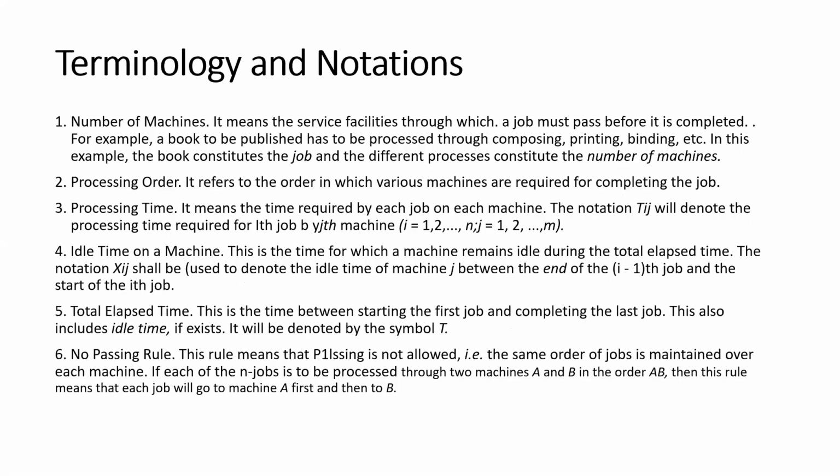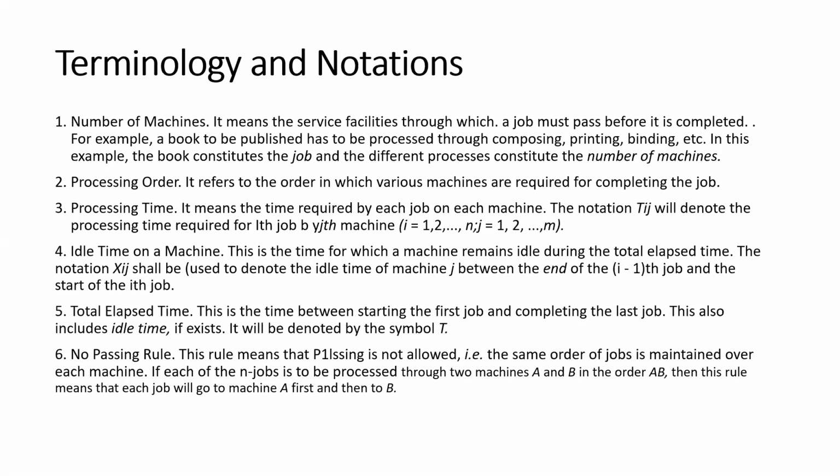Terminologies which we have to use in the sequencing problem are: number of machines. If there are different machines to perform a job, then it will be M. Processing order refers to the order in which various machines are required for completing the job.